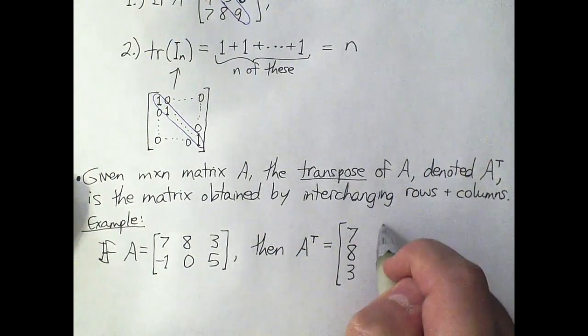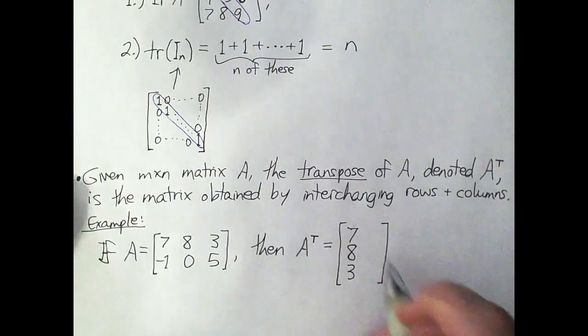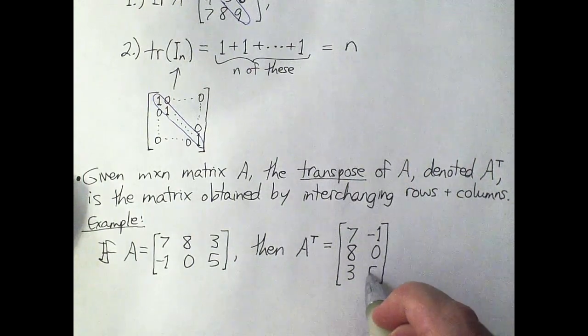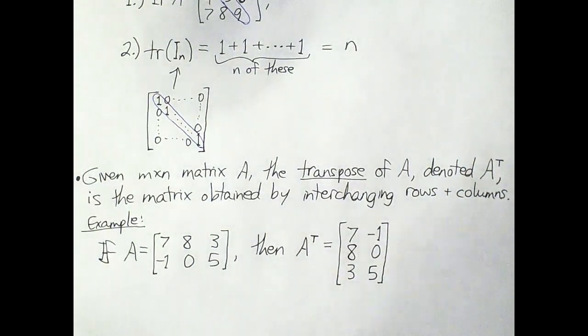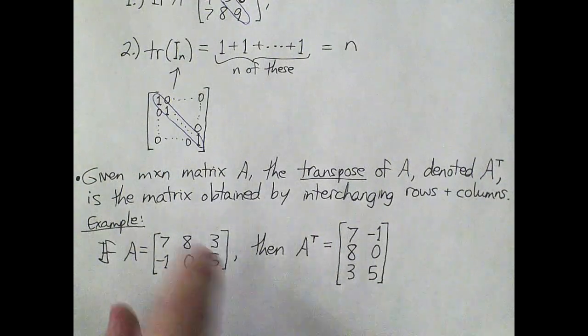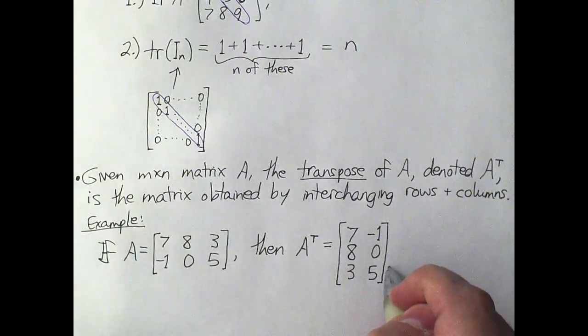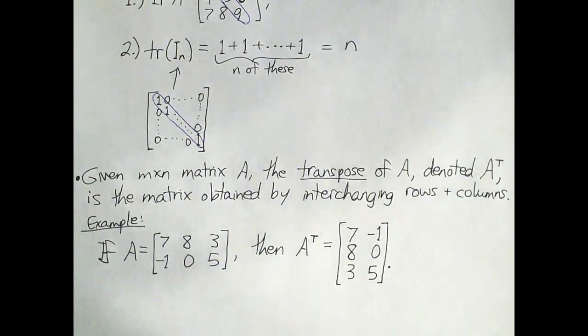The second row of A is going to become the second column of A transpose. And that's it. Kind of like we rotated it 90 degrees, right? You rotated counterclockwise, I guess, 90 degrees. That's all there is to it. And it actually does turn out to have some interesting properties and some interesting applications.